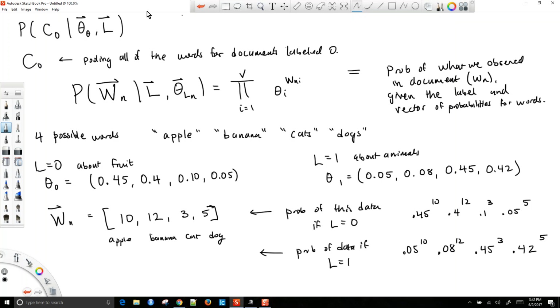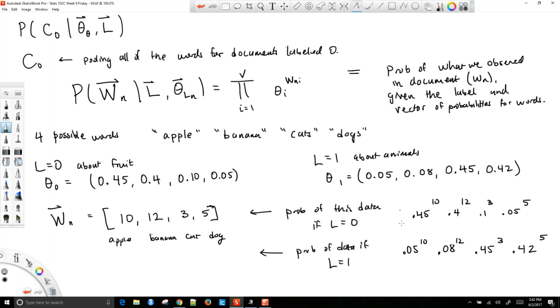Basically this is the probability of this document, where apple shows up 10 times, banana shows up 12 times, cat shows up 3 times, and dog shows up 5 times. It's the probability of getting that document if we have the label 0, and the vector for 0 is this.